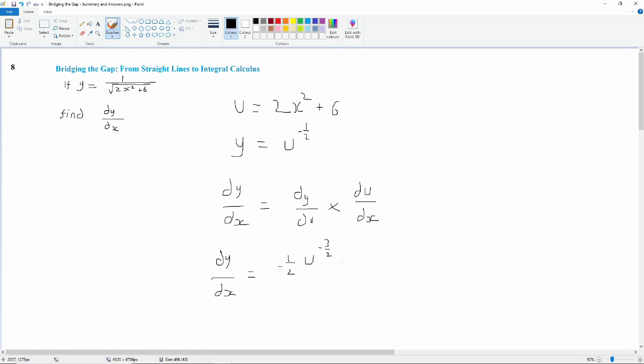So it's dy by du times du by dx, which is going to be 2 times 2, which is 4x to the power 1, and the plus 6 is going to disappear. And now we need to express u in terms of x.